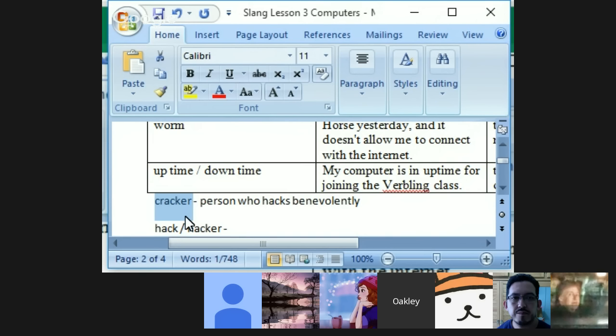Do you know Edward Snowden? Yeah. A few years ago, there was an argument over whether Edward Snowden is a hacker or a cracker. That makes sense. I get the idea. That's great.